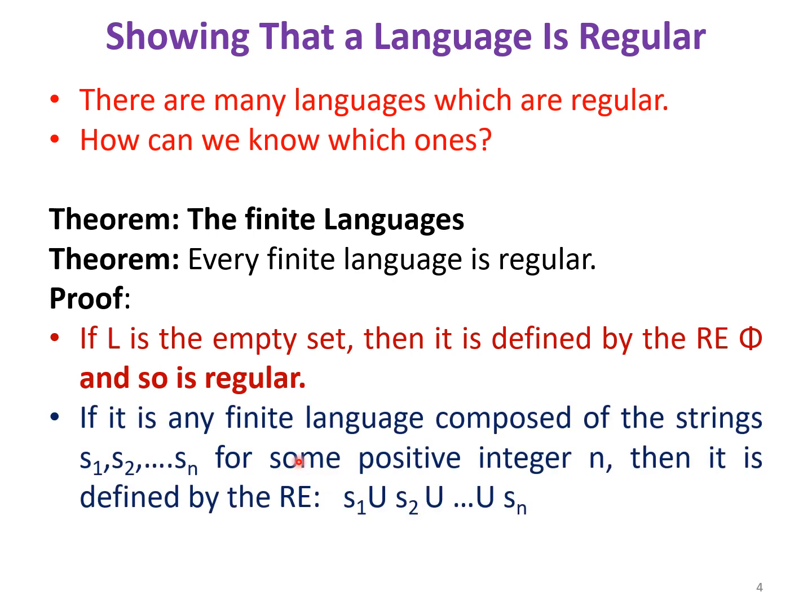If it is any finite language composed of strings s1, s2, and so on up to sn for some positive integer n, then it is defined by the regular expression s1 ∪ s2 ∪ s3 and so on up to ∪ sn. So, it too is regular.